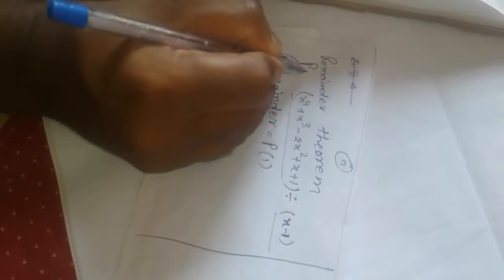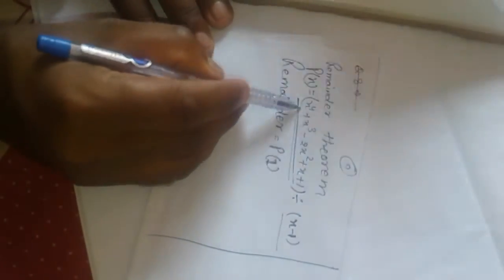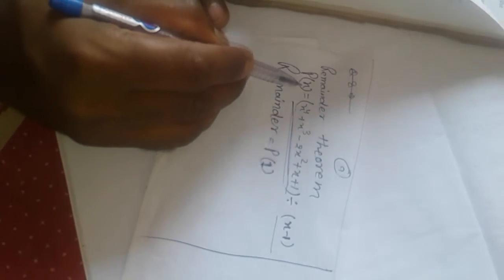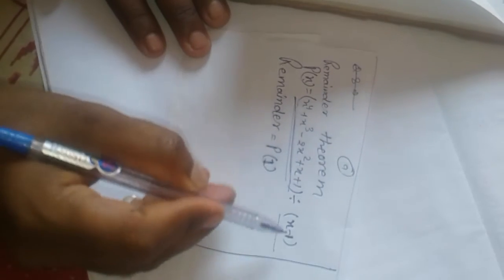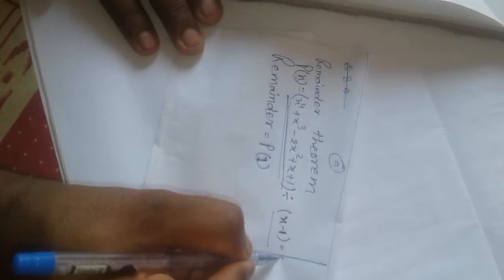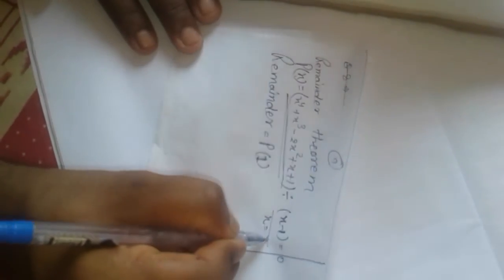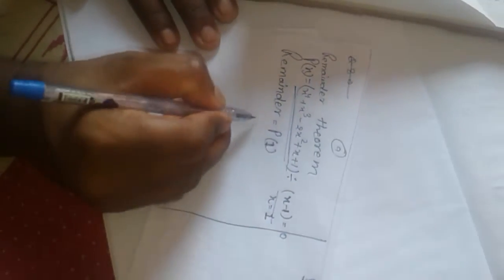Generally we represent the polynomial by P(x). P(1) means that in this polynomial, everywhere instead of x we write 1. Why are we writing 1? Because x minus 1 equals 0, so x is equal to 1.